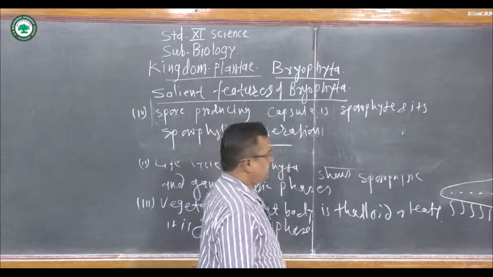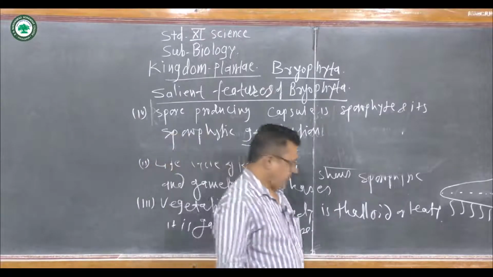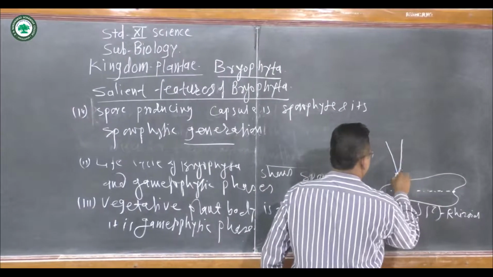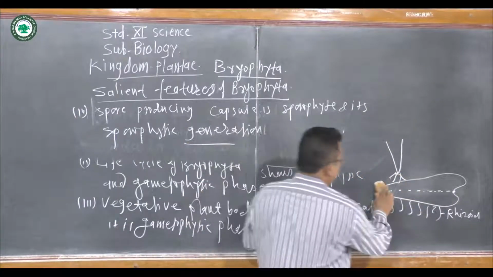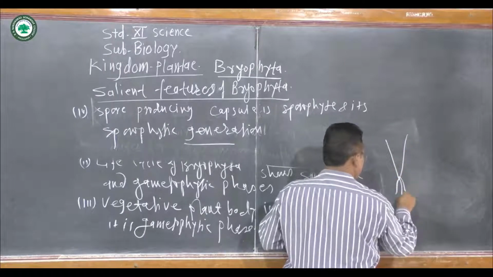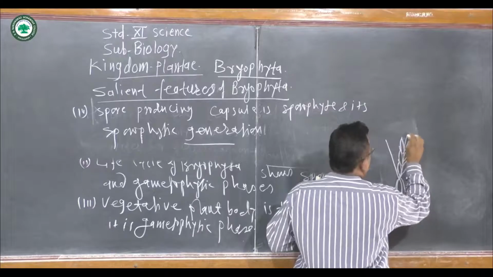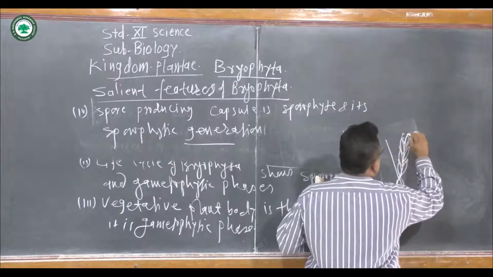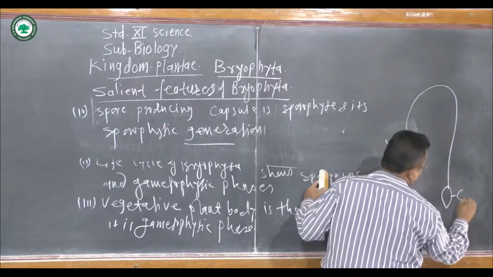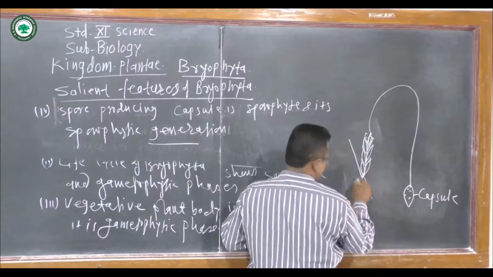For example, in the moss Funaria, the plant body is the gametophyte, on which the sporophyte depends, and it produces a capsule, the spore producing organ.